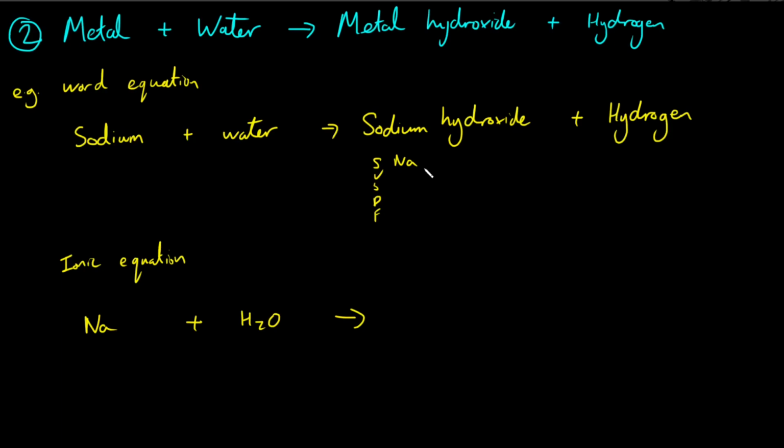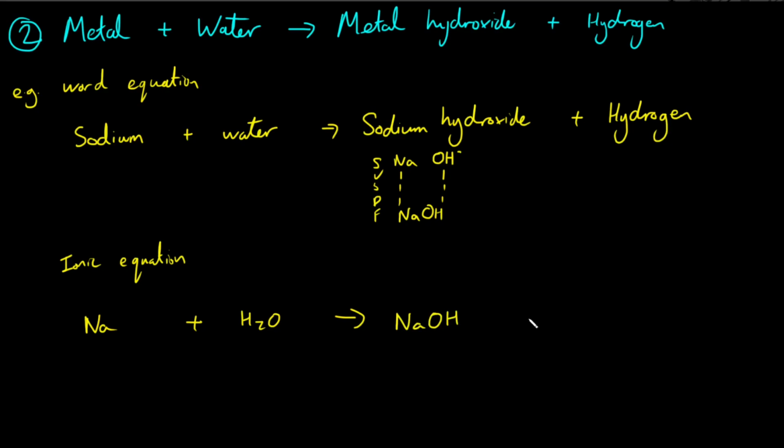Hydroxide is one of those complex ions that you'd find on page 8 of the data booklet, and its chemical formula rather, is OH. Sodium's in group 1, so its valency is 1. Hydroxide has a charge of -1, so its valency is always the same as the charge. Charge of 1 negative, its valency is 1. Swap them round, divide through, it's 1 and 1, so the chemical formula for sodium hydroxide is NaOH.